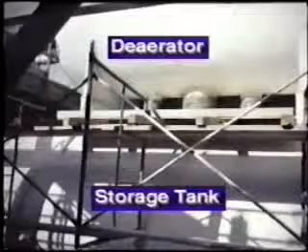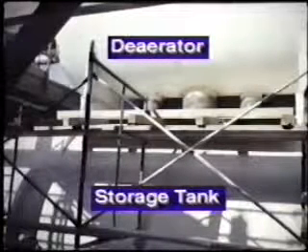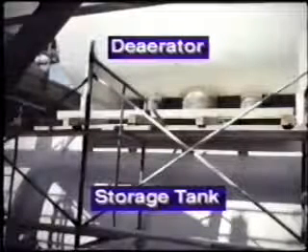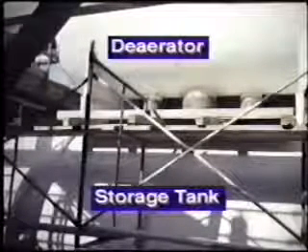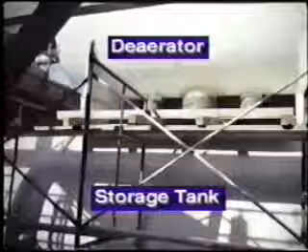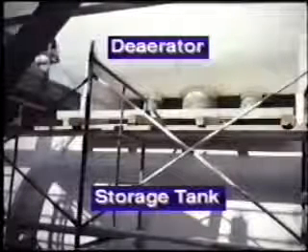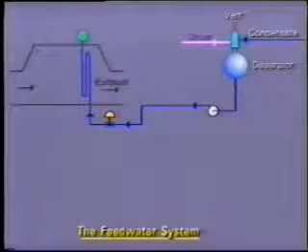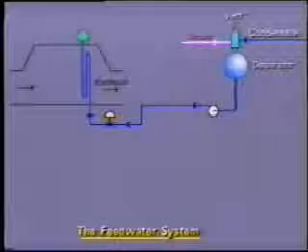So now we have the de-aerated condensate sitting in the de-aerator storage tank, ready to be fed into the HRSG. Actually, from this point on, the same water is known as feed water, as it passes through the feed water system. The de-aerator and de-aerator storage tank are usually located at high elevation in order to provide the positive suction head to the boiler feed pumps, which are normally on the ground floor.